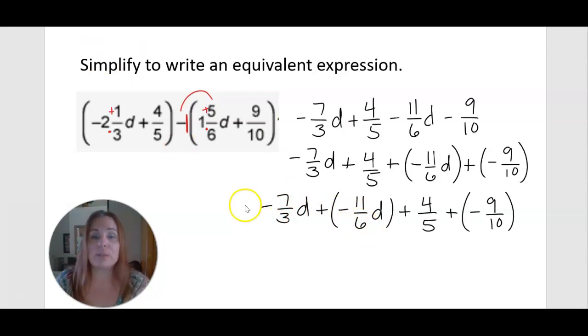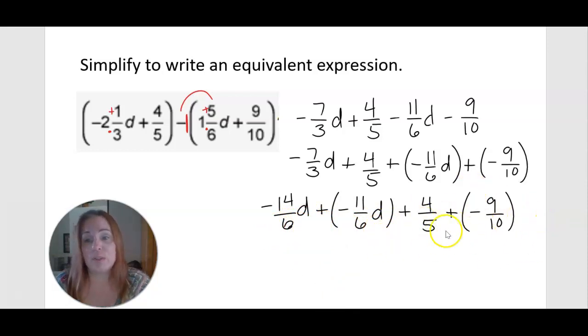So if I multiply the first fraction, the top and bottom, by 2, this becomes a 14, and this becomes a 6, right? So I have negative 14/6 d. I'm just going to rewrite it like that. Negative 14/6, right? I doubled the top and bottom so that they have a common denominator.